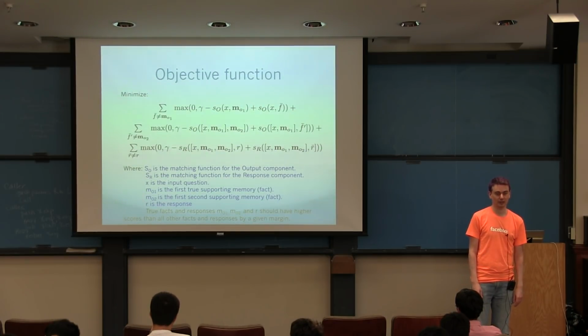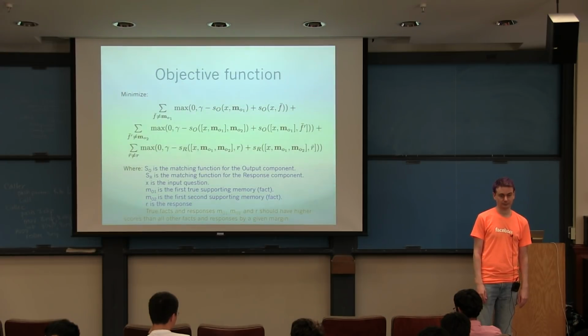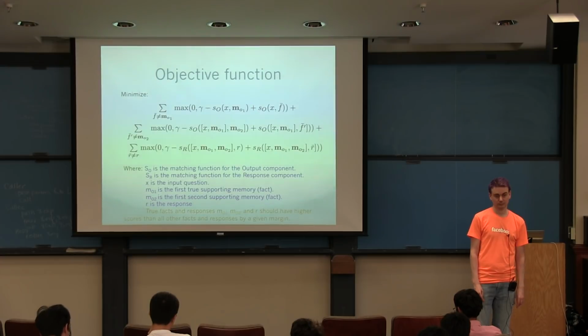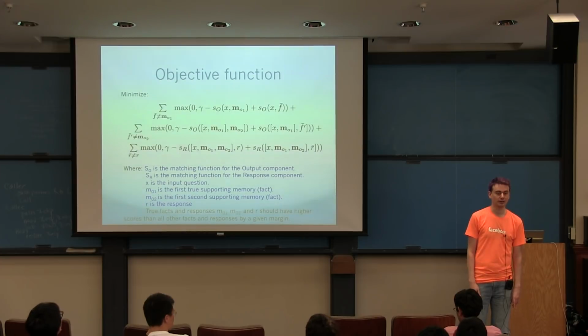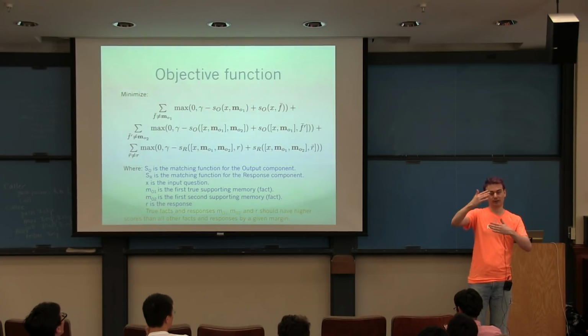I'm wondering whether it is sensible to consider, okay, it didn't produce the correct answer, but it was like the fifth best answer. Whether that's a sensible way of evaluating it. Oh, but this is how you evaluate in training, right? Well, you're trying to get the right answers to the top.